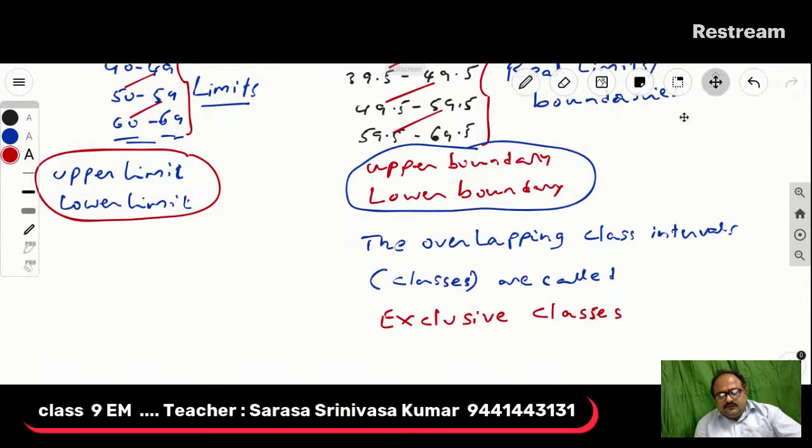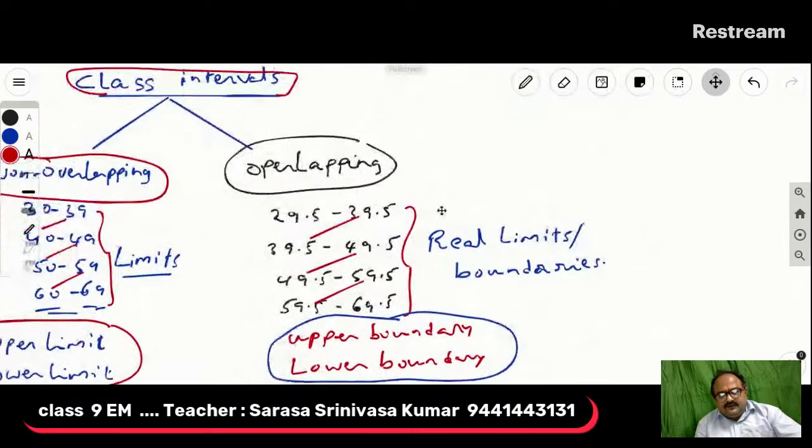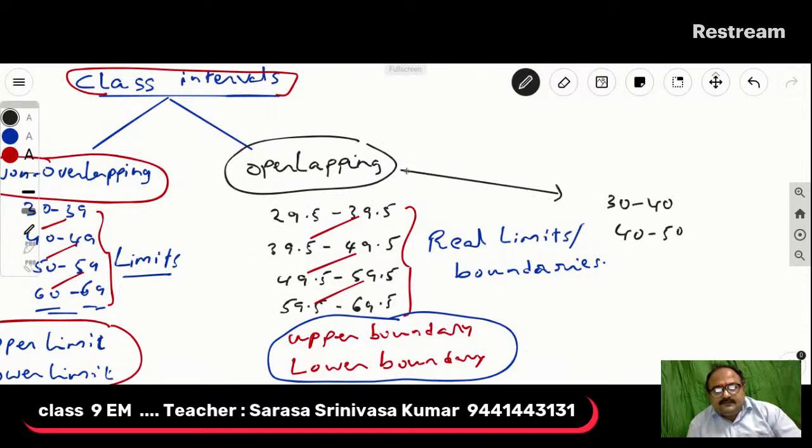So we can consider some more examples for overlapping intervals. For example, if we have class intervals of the form 30 to 40, 40 to 50, these are the same. Another example: 50 to 60, 60 to 70, 70 to 80, like this.